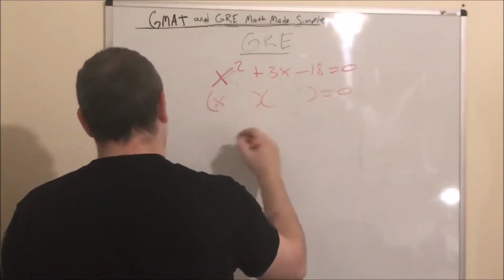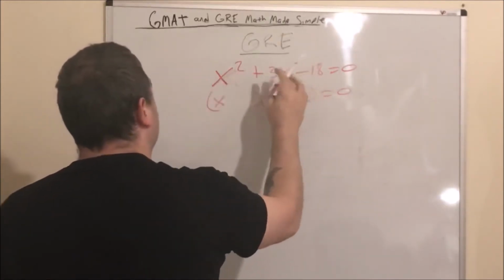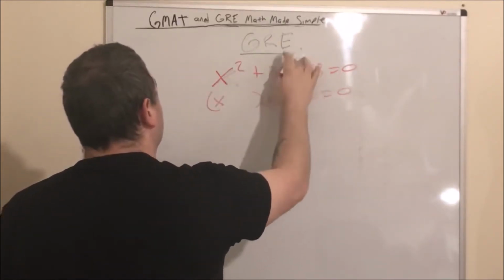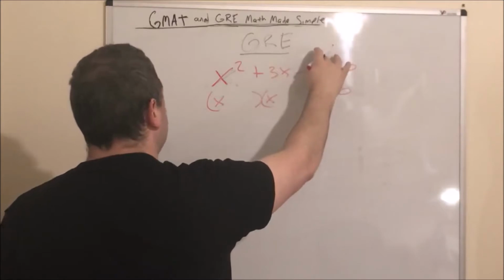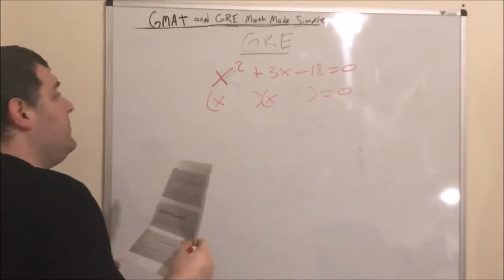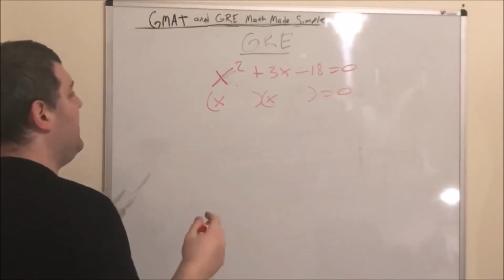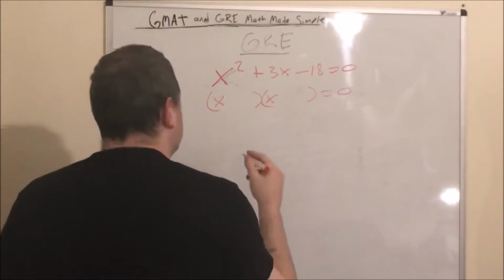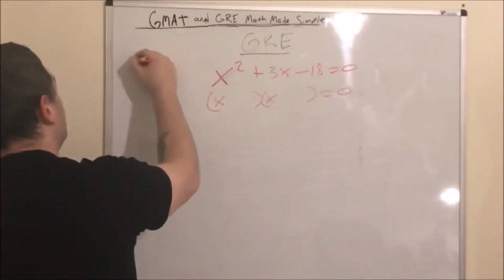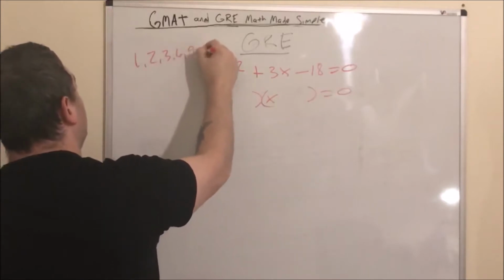What gives us multiples of 18? You multiply them to get 18, and they give us 3 in the middle. The multiples of 18 would be 1, 2, 3, 6, 9, and 18.